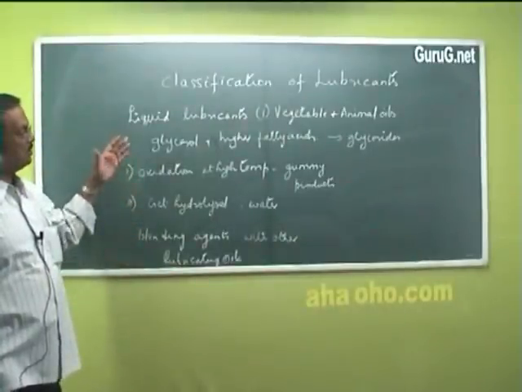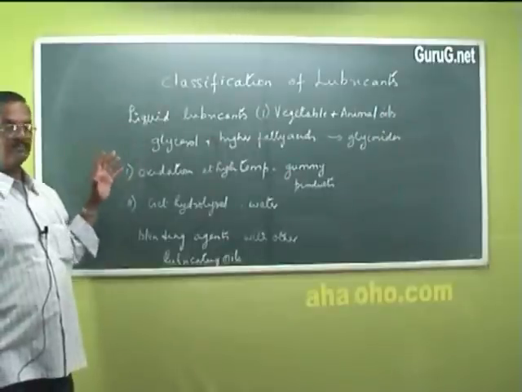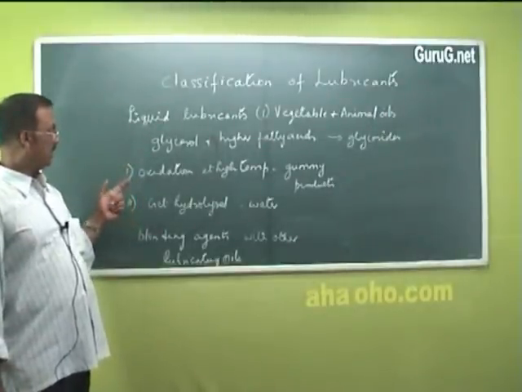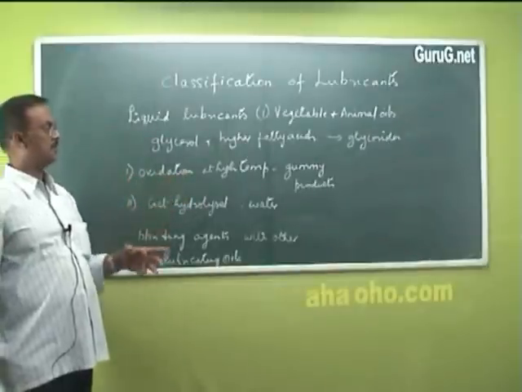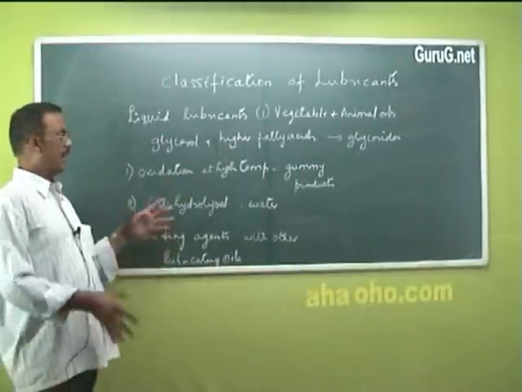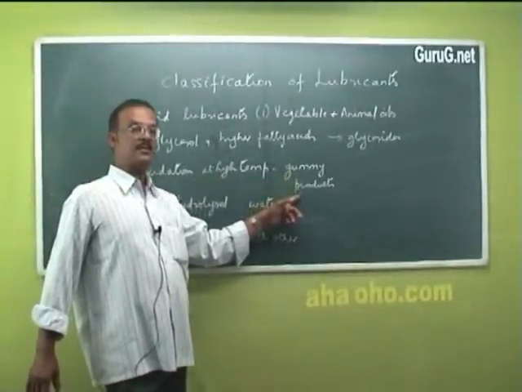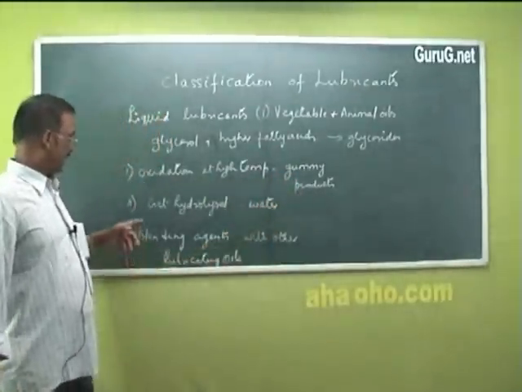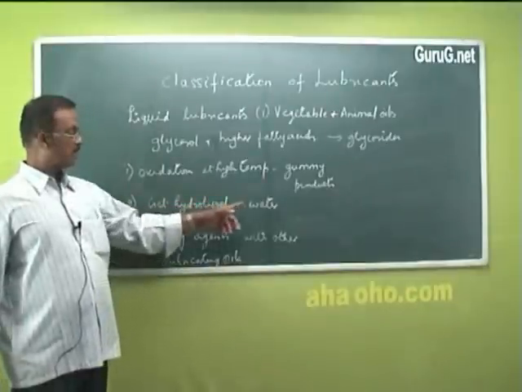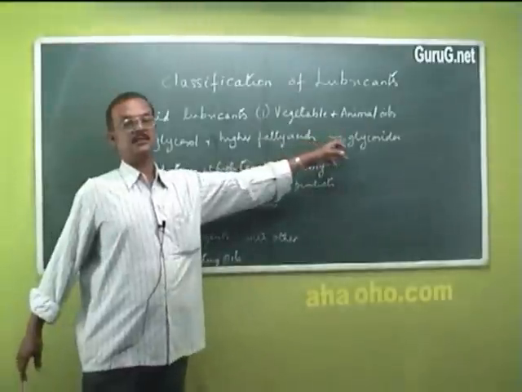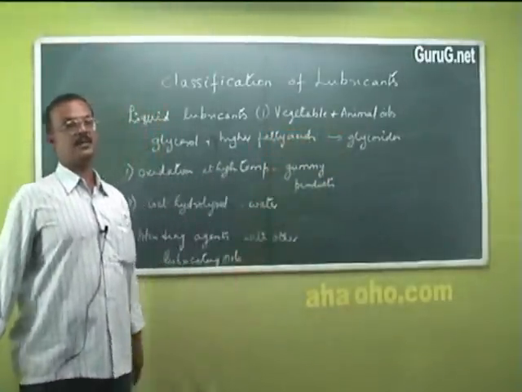Now these are used, but they cannot be used effectively because they undergo oxidation at very high temperatures. As a result of this oxidation, you get gummy products which are not desirable. Also, the presence of water will hydrolyze these glycerides. You know that esters undergo easy hydrolysis.